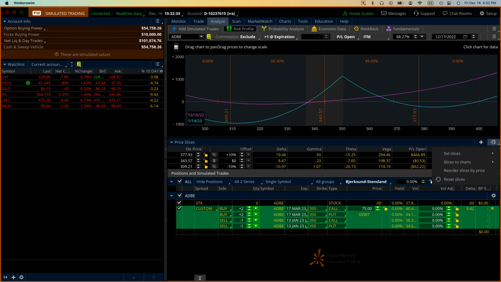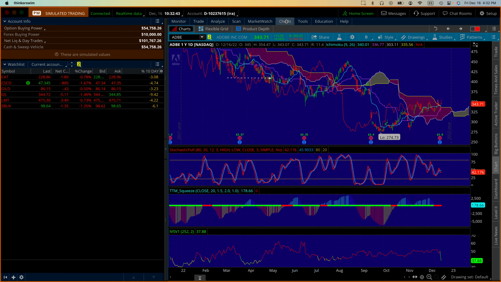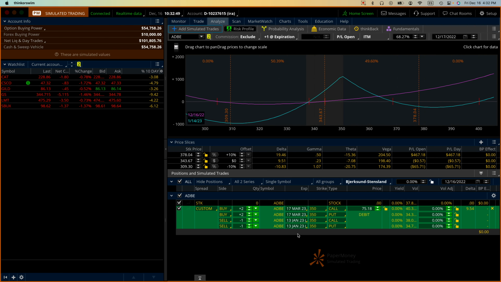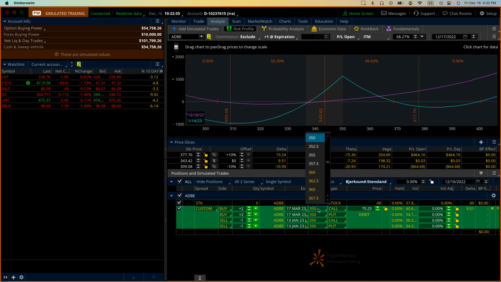Okay? Let me reset this. Reset slices. Okay, it's trading at 343. Let's take a look at the chart. Yeah, it's been going down since, so the volatility is picking up a little bit. Let's go to 340 instead of 350, because it's closer to 340.